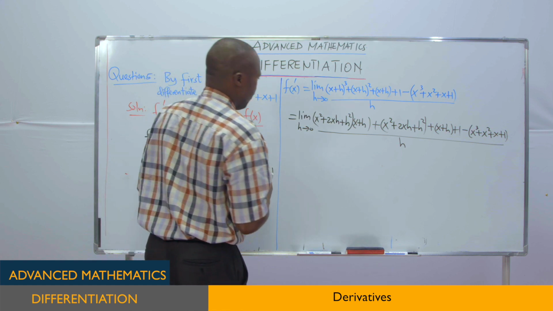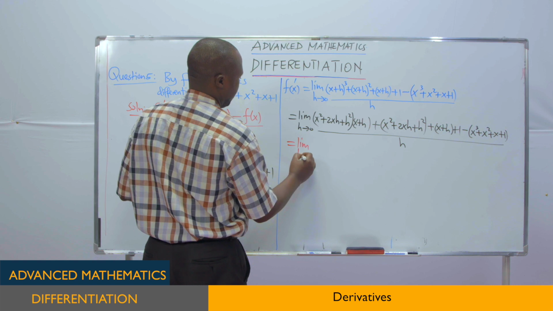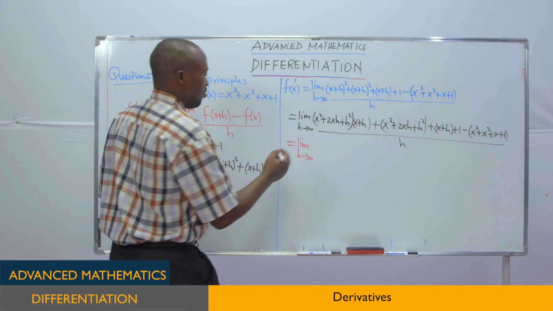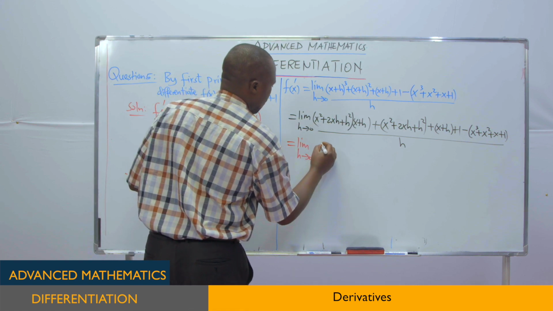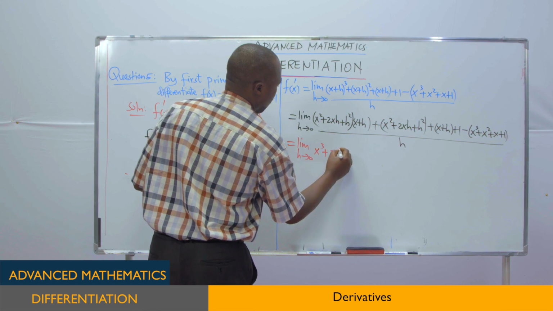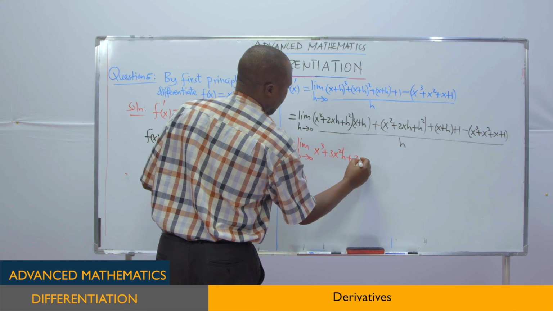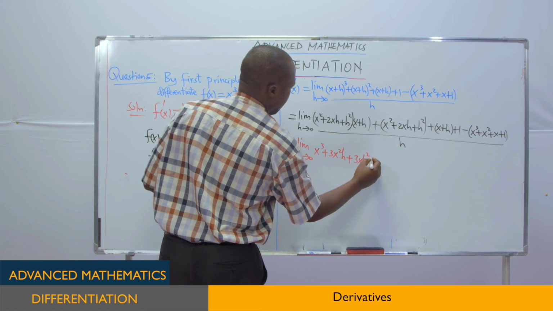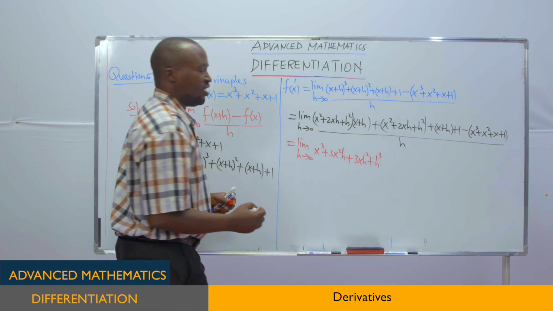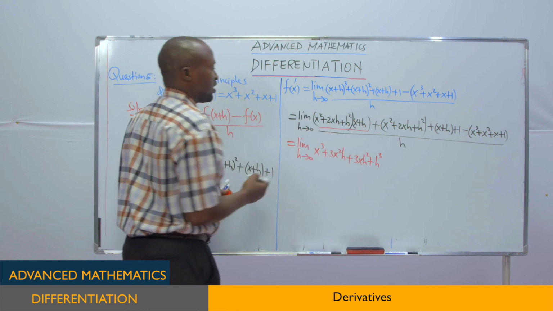So again here we have the limit as h approaches 0. In this case we are going to have x cubic plus 3x squared h, again plus 3x h squared, then plus h cubic. That is for the case of this product.